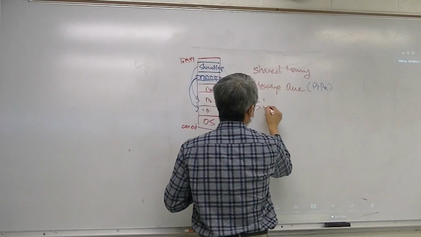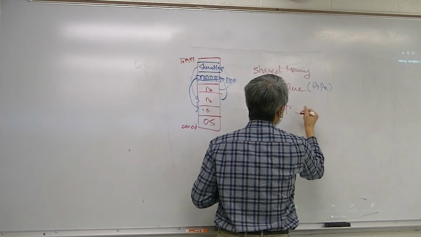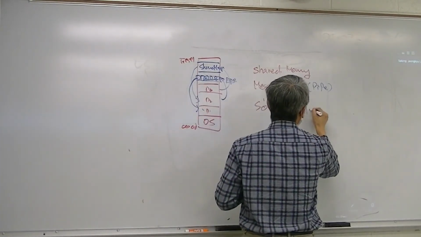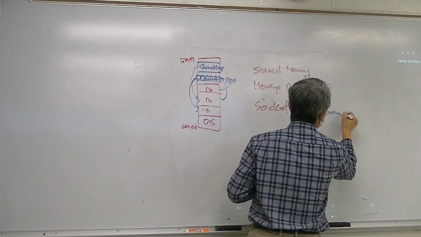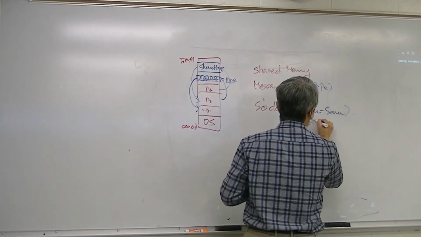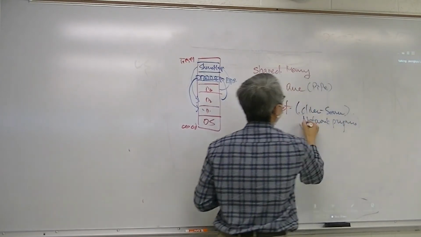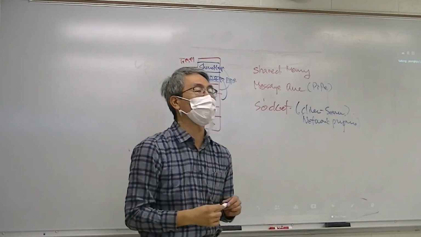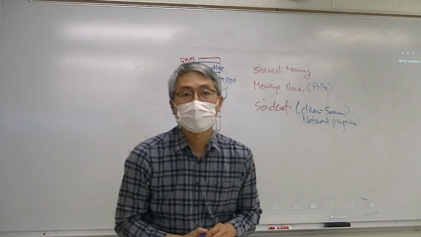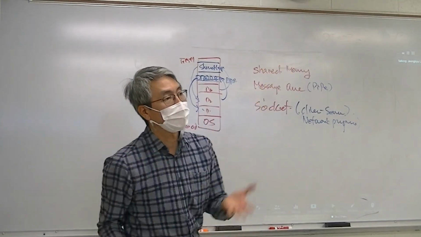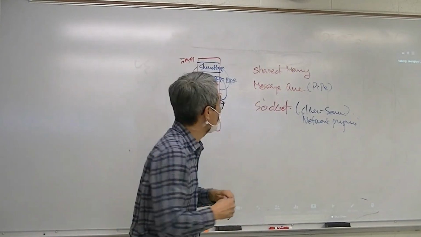The third one is the client server model, based on network programming. If you already took the network class, you probably did the programming assignment to create the socket program, with a client and a server. You need to know two things. First, the protocol.